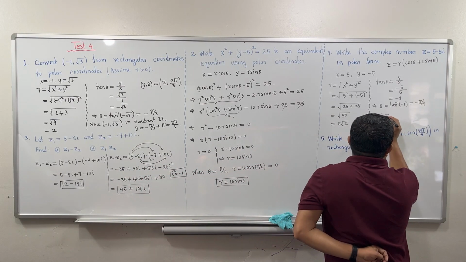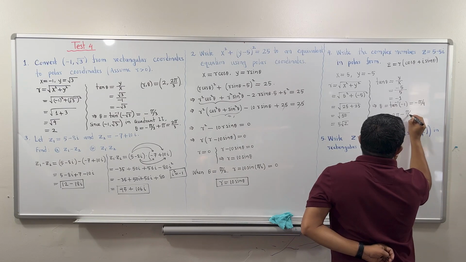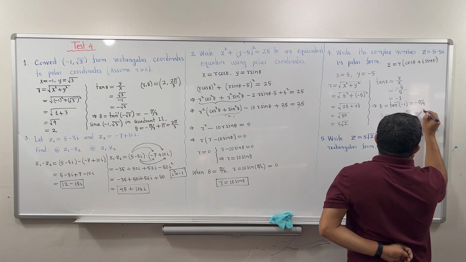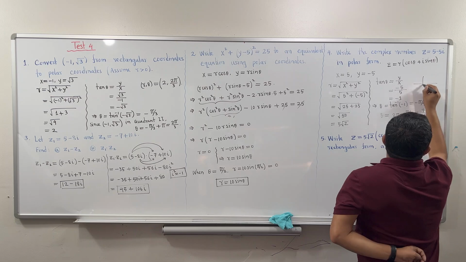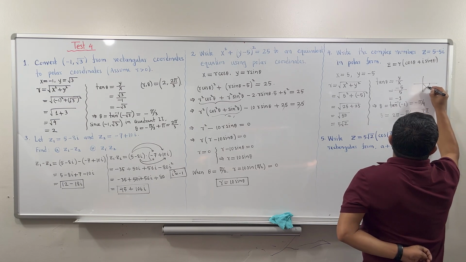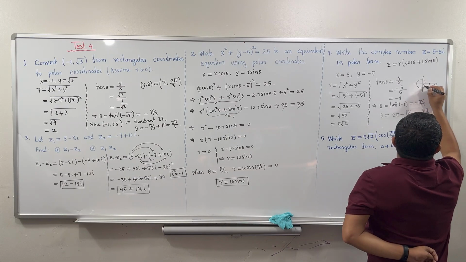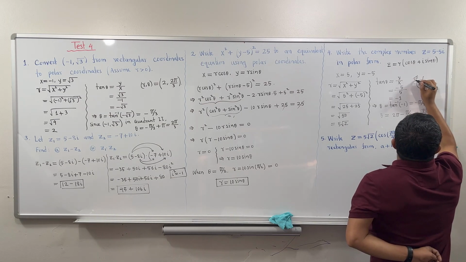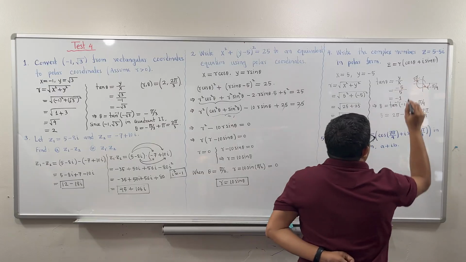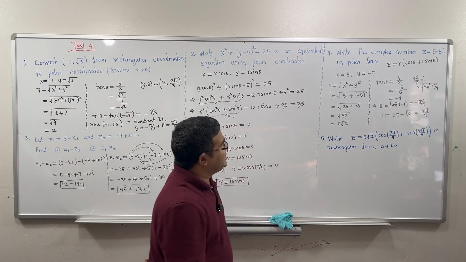In that case the angle would be 2 pi minus pi over 4, which is 7 pi over 4, because if this is negative pi over 4, then that would be 2 pi minus negative pi over 4, which is 7 pi over 4. 7 pi over 4, that is counterclockwise. So we got both radius and the angle theta.